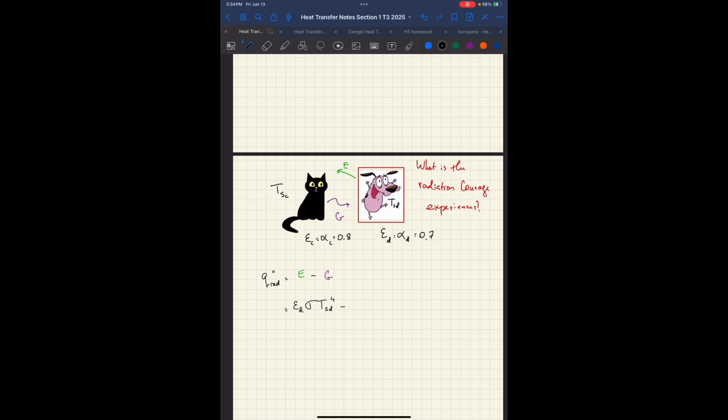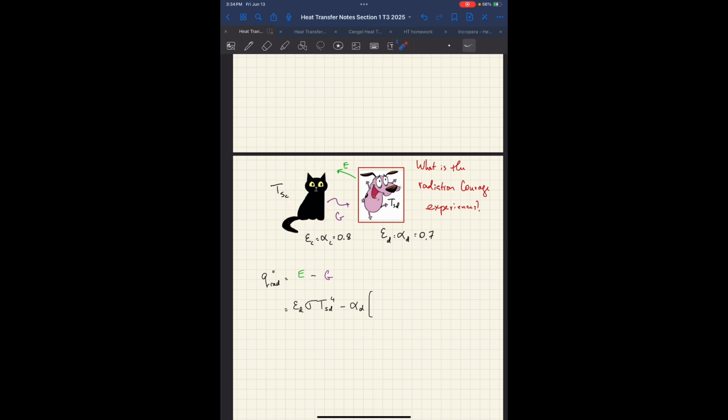What is Courage absorbing? First of all, whatever is incoming radiation to Courage is going to be filtered by the absorptivity, right? So he only absorbs whatever fraction is incoming. Now inside these square brackets, I'm going to put in the full incoming radiation. The full incoming radiation is basically what this cat is putting out.